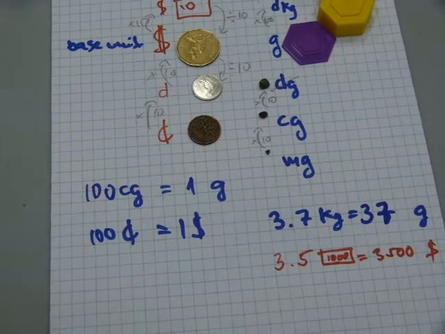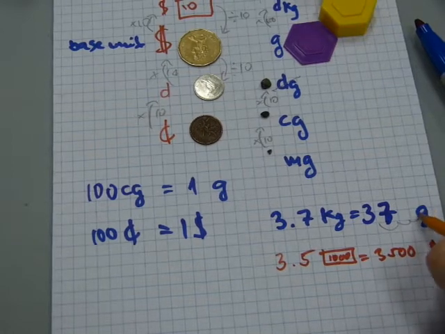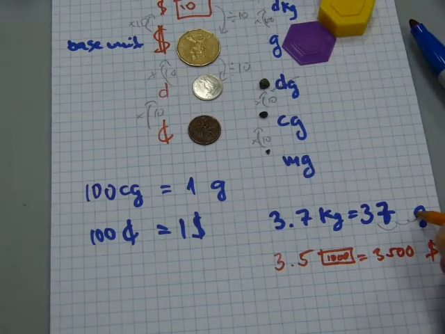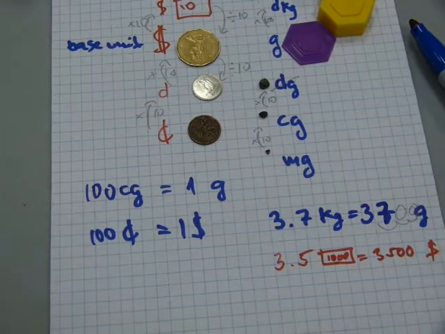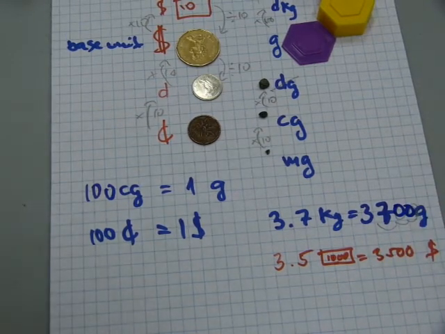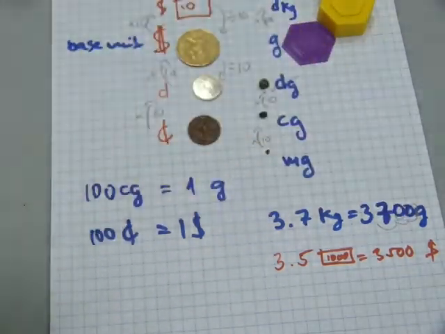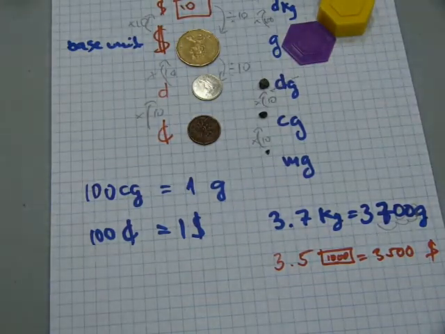So I'm just going to do it with my pencil here. 10 times, 100 times, 1,000 times. That's where the decimal dot goes. And you just fill it in with zeros. There, you can see it better this way. So 3.7 kilograms is 3,700 grams. Okay, that's a gram there.